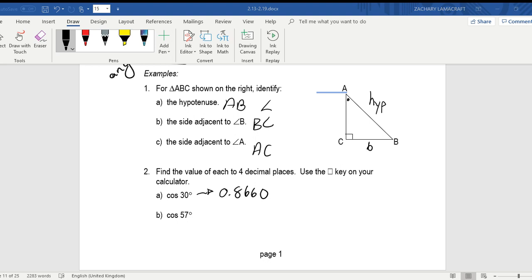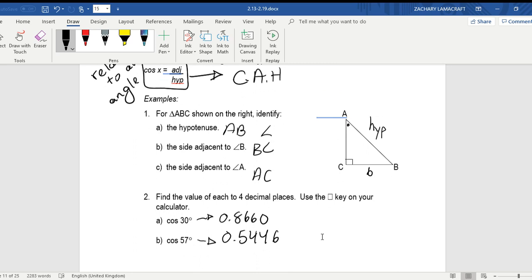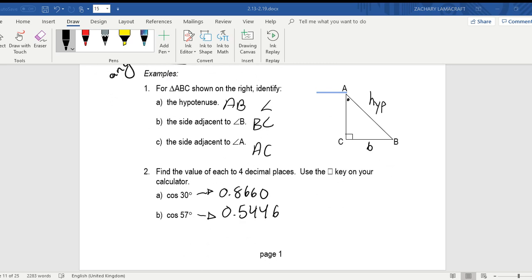So cos 57 is equal to what? Exactly. Cos 57 is equal to 0.54463, but we round it to 0.5446. Awesome. So I'll give you a second to write that down.